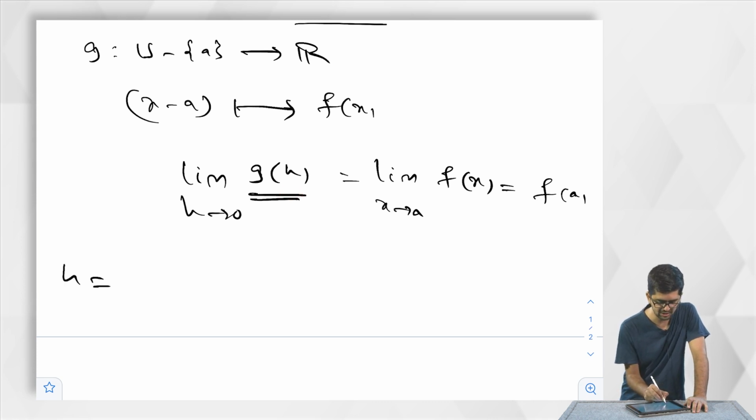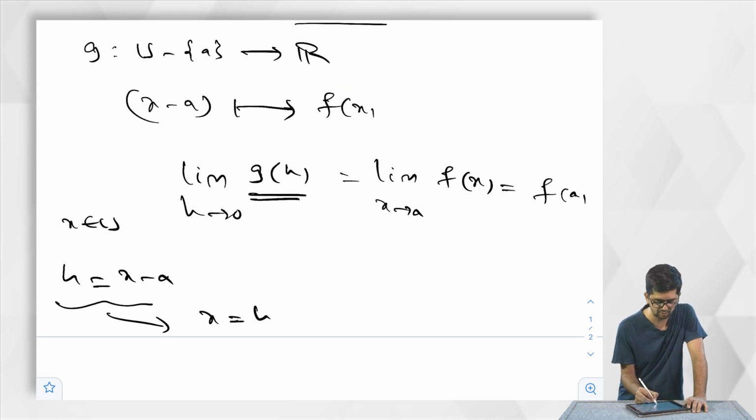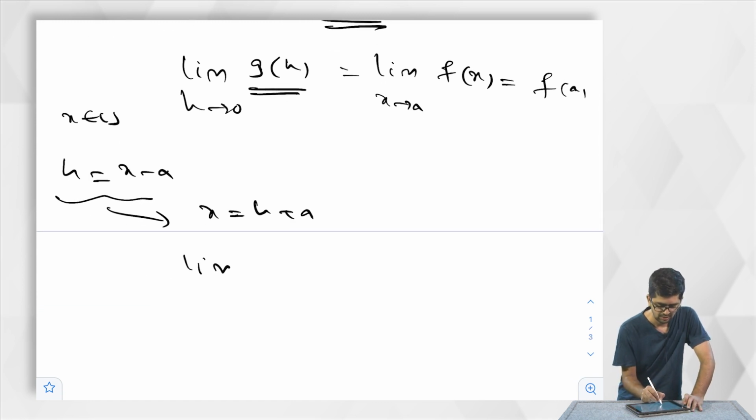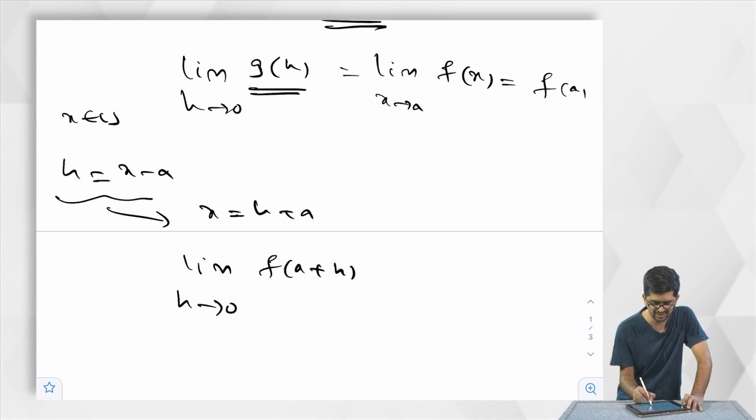Any element h is of the form x minus a for some x in U. So if I am writing f of x here, I should know what x is. This implies x is equal to h plus a. So instead of f of x, I will write f of a plus h. So the limit as h goes to 0 of f of a plus h is equal to f of a.